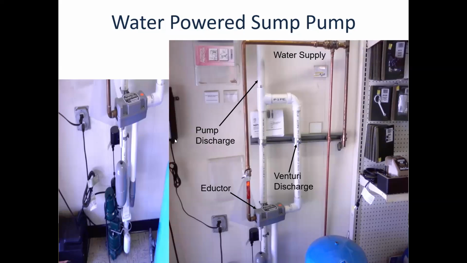What normally happens is that the sump pump will operate on its own, but if you lose power and the sump starts to fill up, it is actually able to use potable water to flow through this little loop. We have an arrow pointing out a Venturi discharge. Just like the chemical dispensers, it basically uses that flow of your potable water to create that Venturi effect, to create some suction to start pulling things and get your sump pump operating.